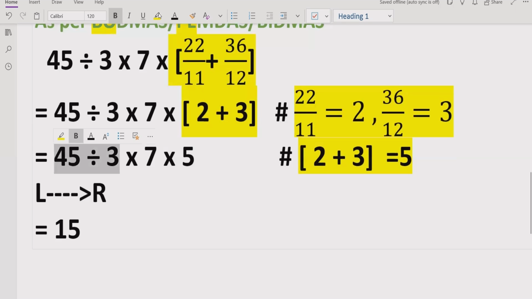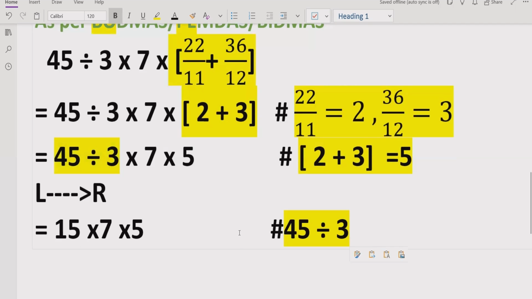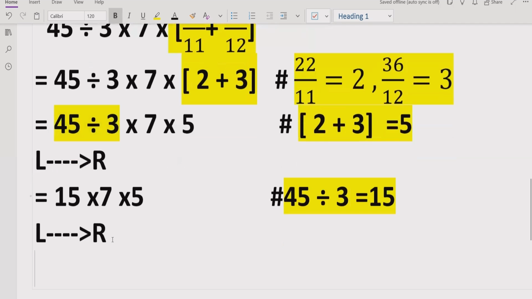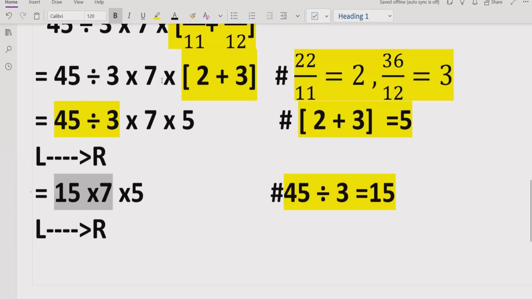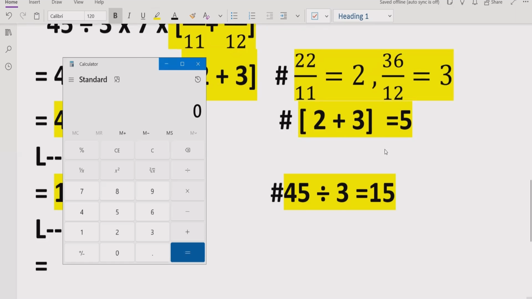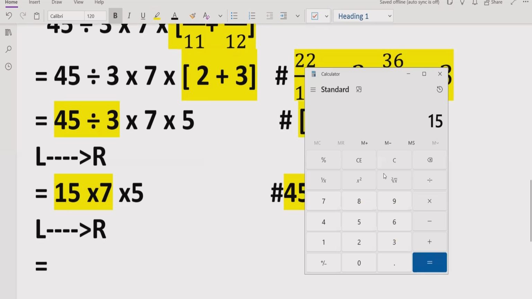So here we are solving this part, and here we will give the reference. The reference is 45 divided by 3 is equal to 15. Now we will move forward again left to right. This part we have to solve now. 15 multiplied by 7 is equal to 105.